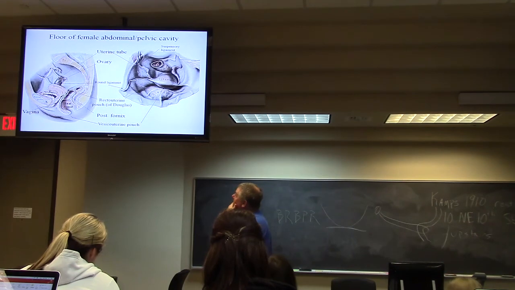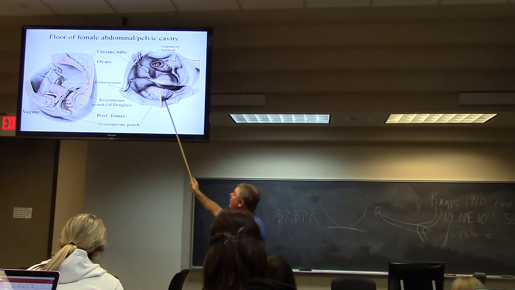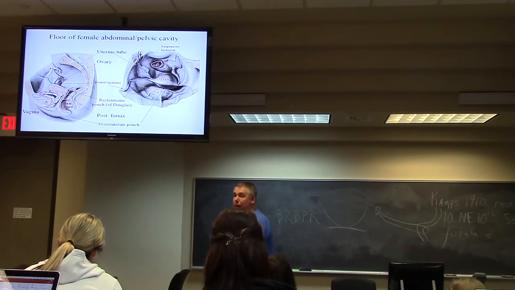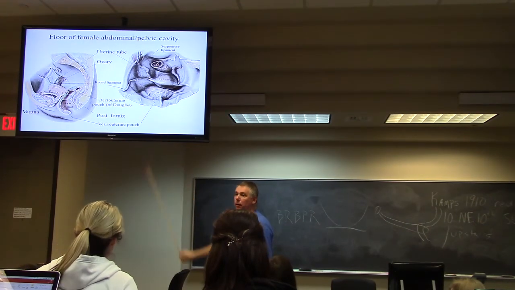All right. If we look at it from the top here, here's the pubic bone. There's the bladder. What is that thing coming out of the bladder right there, coming up the midline of the anterior abdominal wall? What is that? What's creating that fold right there?